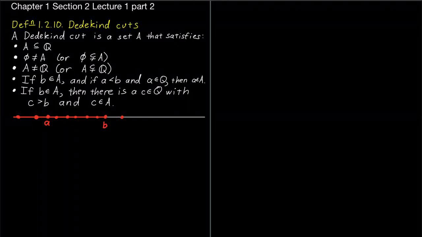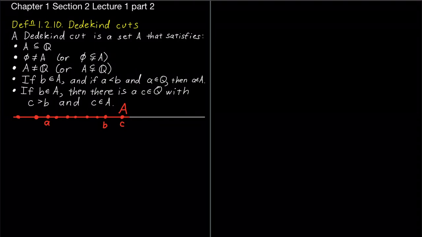Then there's some number C up here. Then any other rational number in here would be in our Dedekind cut as well. There's our Dedekind cut. So it looks like a half infinite line, everything up to some stopping point.